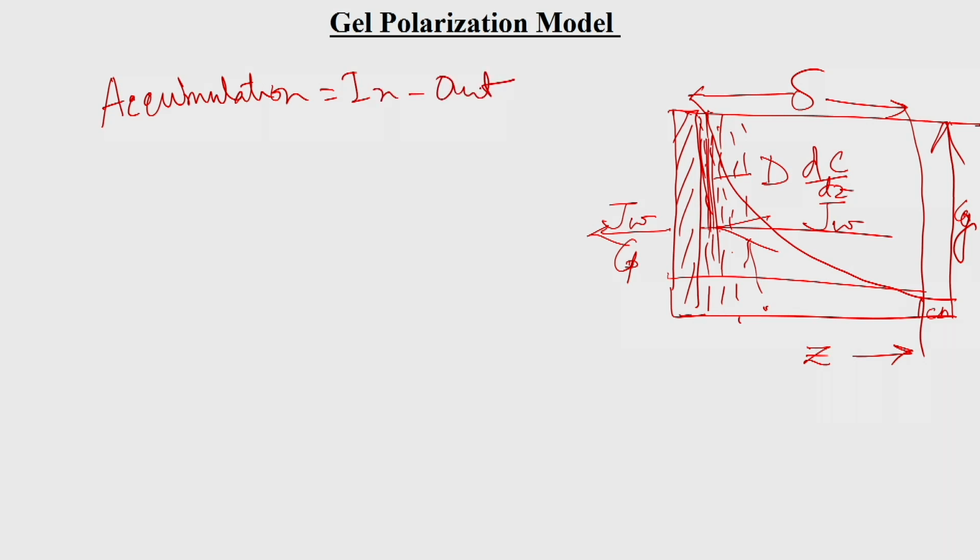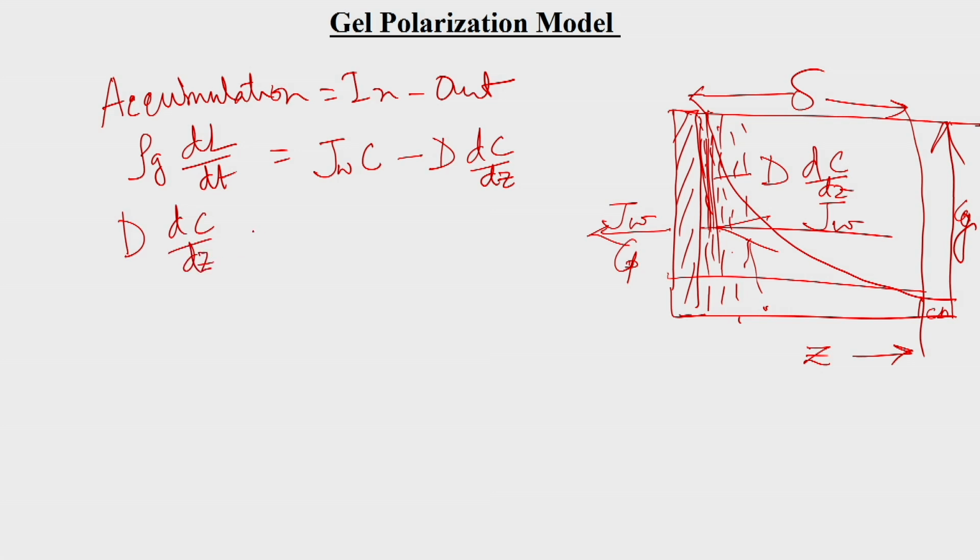In that case, accumulation will be rho g into dl/dt, which is equal to in, which is Jw into C, and out is whatever is going back, D dc/dz. Or if we keep it on the same side, it is like this: D dc/dz minus Jw into C plus rho g into dl/dt will be equal to 0.